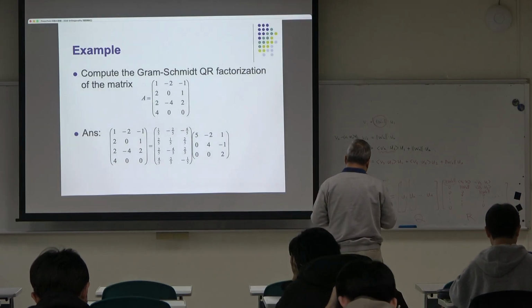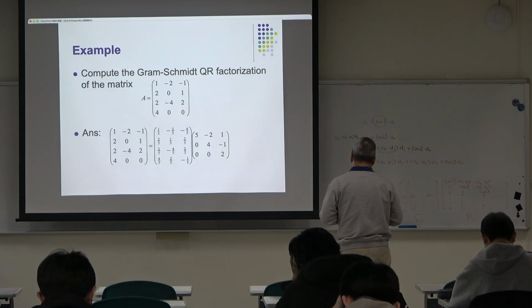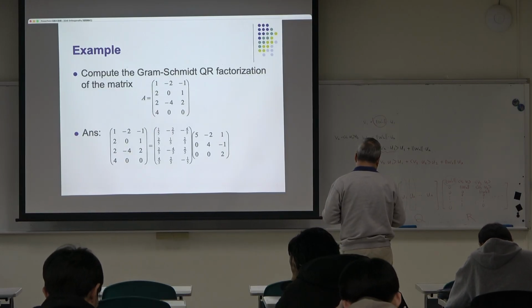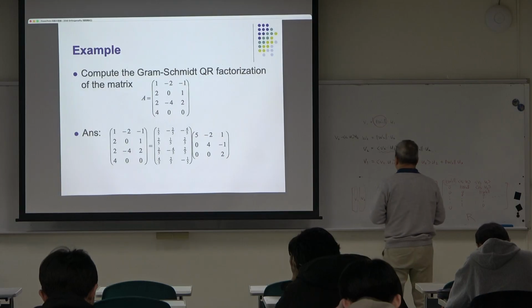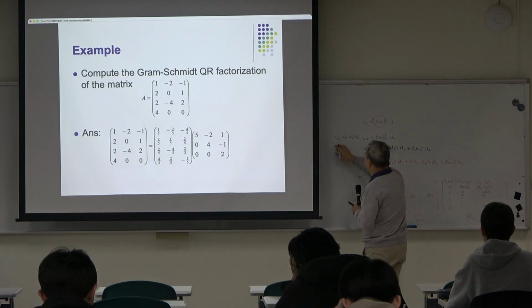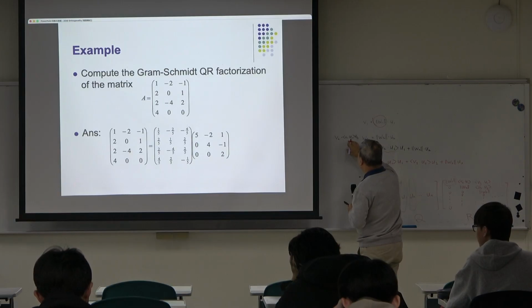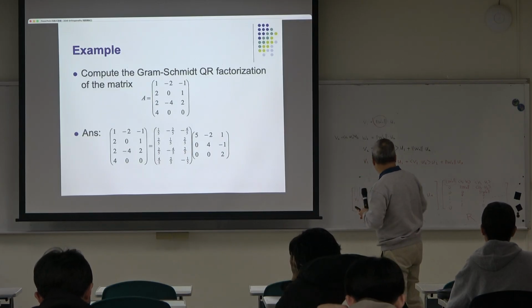So basically W2 norm. What is W2? W2 is basically B2 minus B2 dot U1. So B2 is negative.